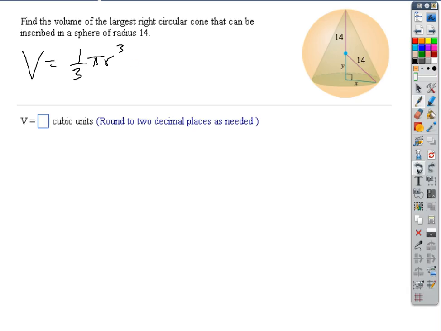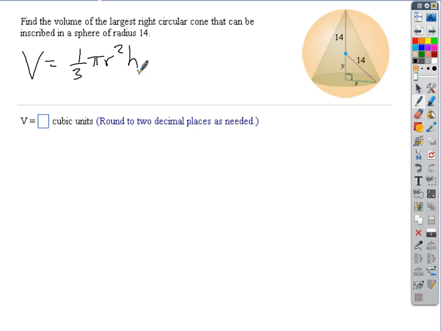Problem, of course, being I've got two variables there, right? So in our drawing, what are those going to be? What is the radius? 14. Well, in our drawing up there, what are we calling r? The radius of the cone, I should be more specific. X. Yeah. So we're talking about the volume of a cone. So in our equation, we're going to plug in x for r.